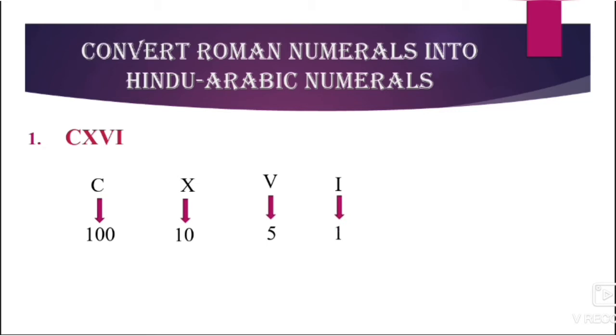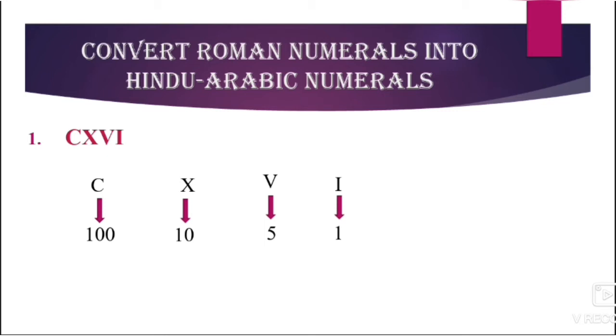Here, after 100, 10 is there, which is smaller than 100. Similarly, after 10, 5 is there, which is smaller than 10. Next, after 5, 1 is there, which is smaller than 5. We know that if a smaller numeral appears after a bigger numeral, they are added.